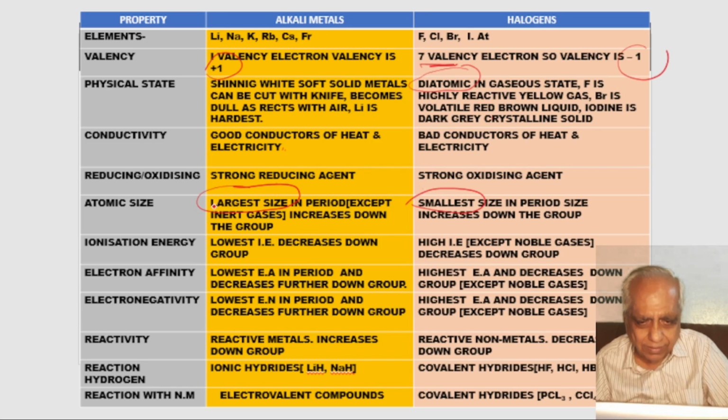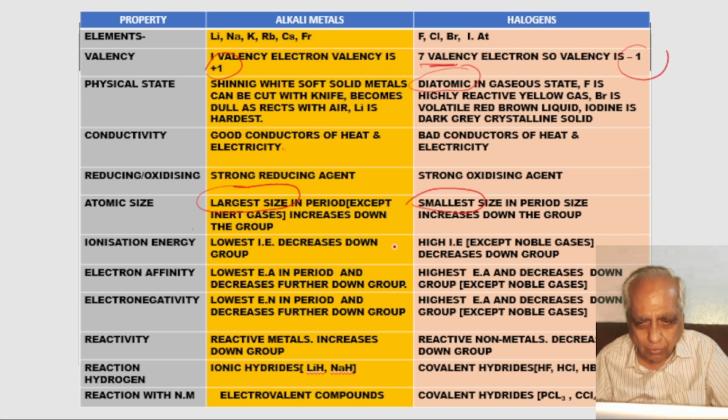Ionization energy. We have discussed that the ionization energy is lowest for alkali metals and it decreases as we go down the group, because metallic property increases. Ionization means how easily you can lose an electron. So alkali metals can very easily lose it, but halogens are opposite.